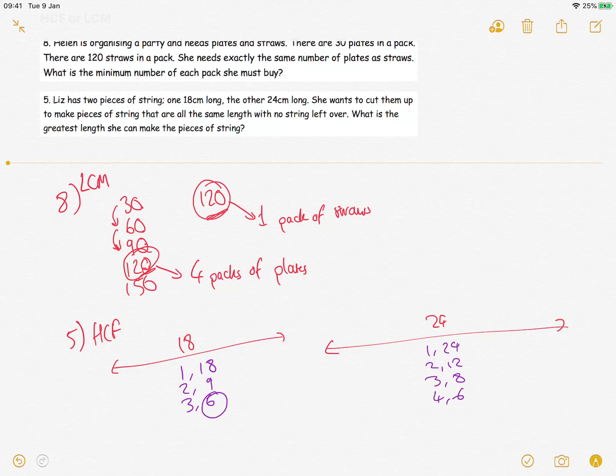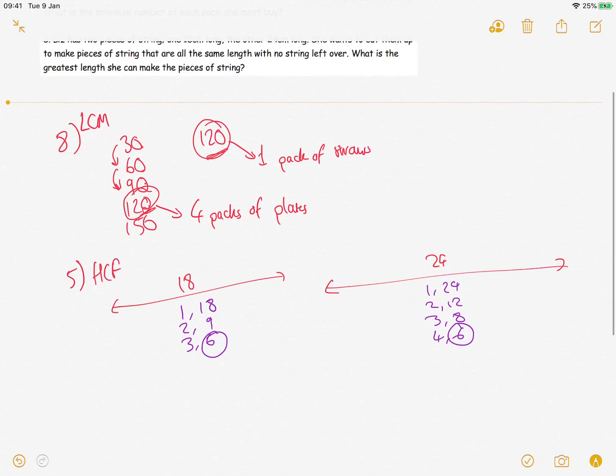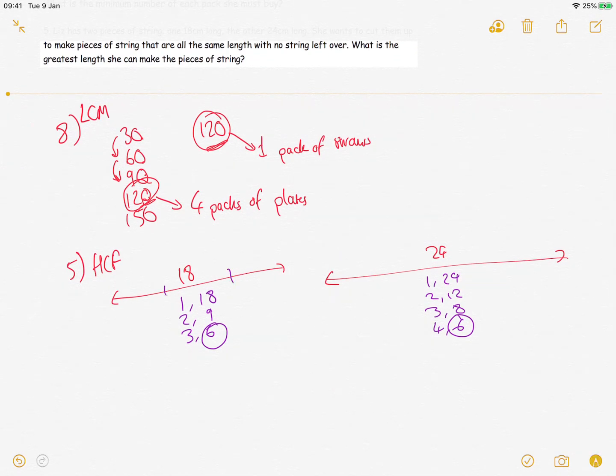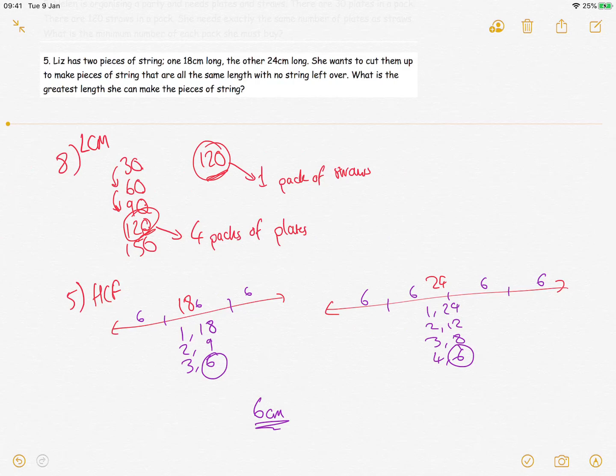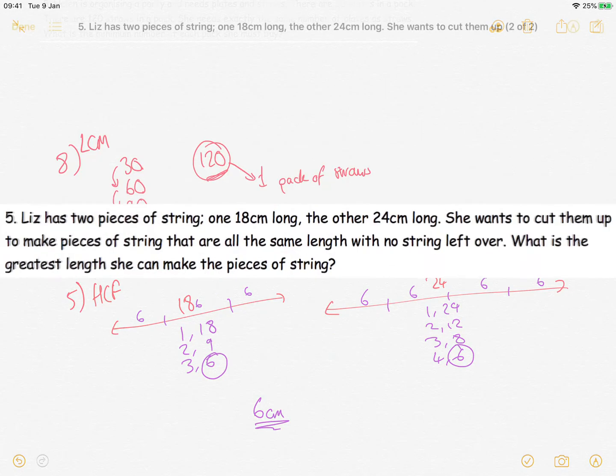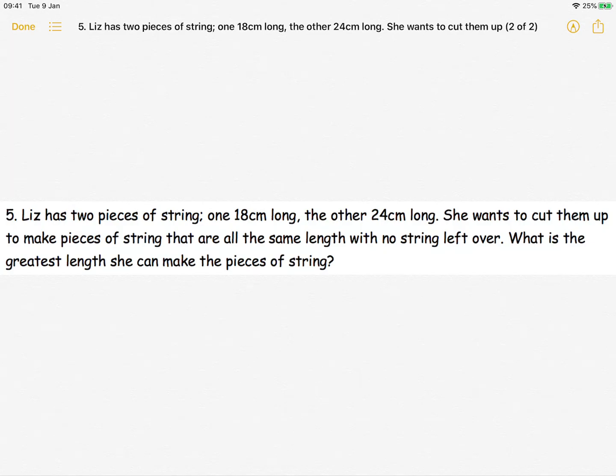So I can see that my highest common factor is 6, so I could split these into 3 equal parts of 6, and I could split this into 4 equal parts of 6, and then every piece of string is the same length. So my final answer is 6 centimeters. So greatest length is like saying the highest factor, and then because they're the same length, that's like saying that it's common to both.